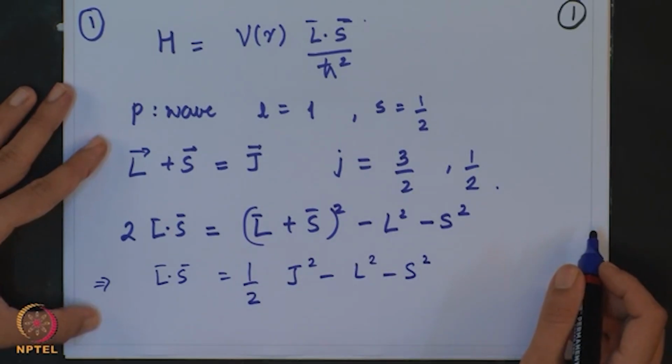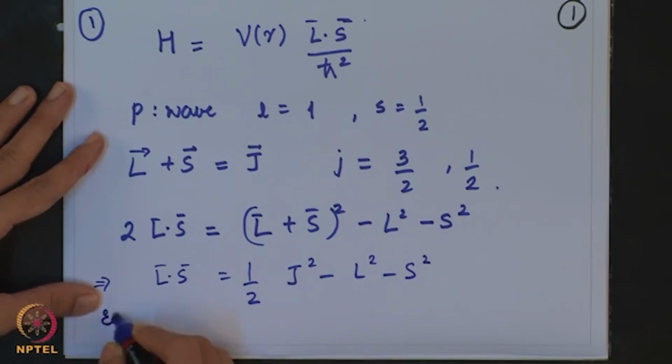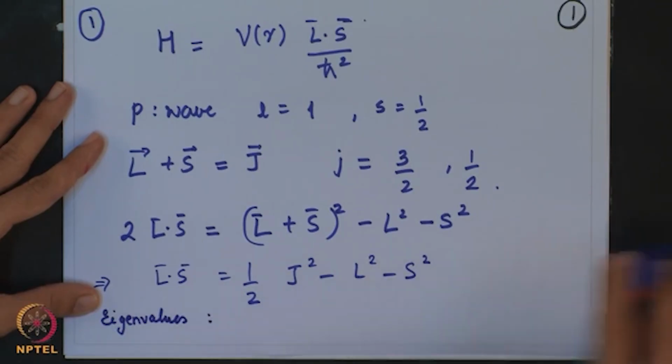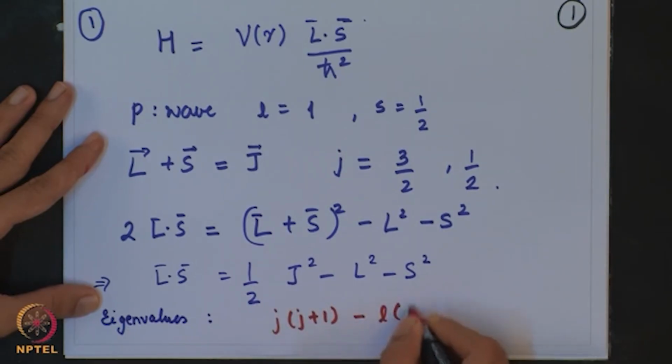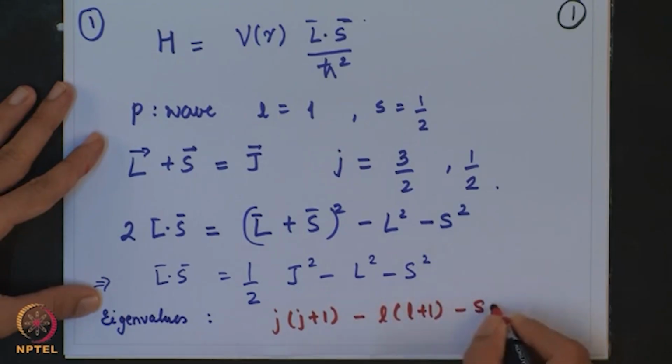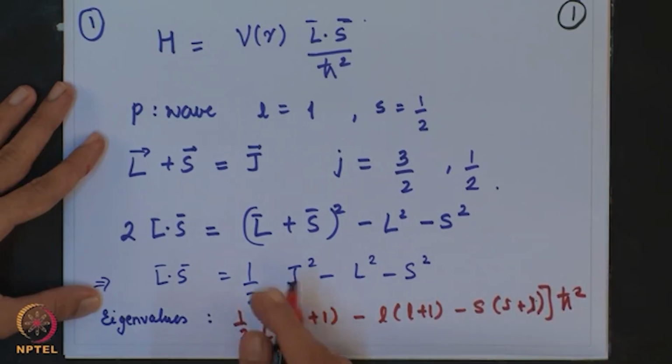Therefore, one can find out the eigenvalues for L dot S. The eigenvalues corresponding to L dot S will be J into J plus 1 minus L into L plus 1 minus S into S plus 1, h cross square with a factor of half, which is coming from here.